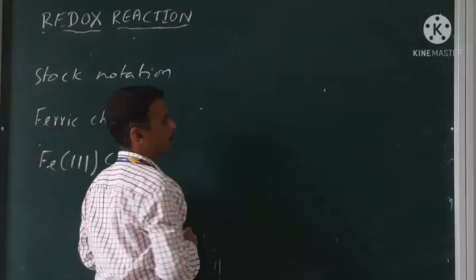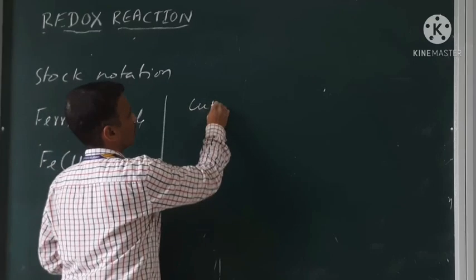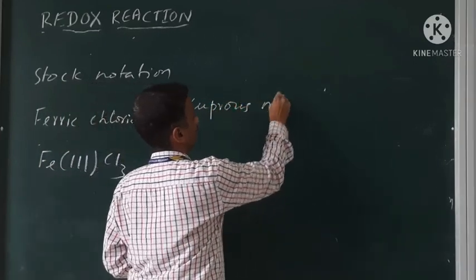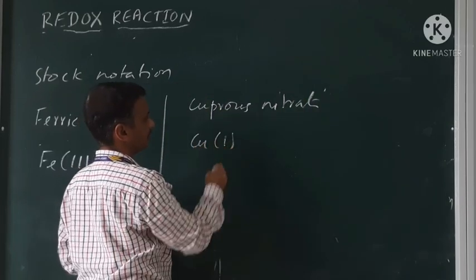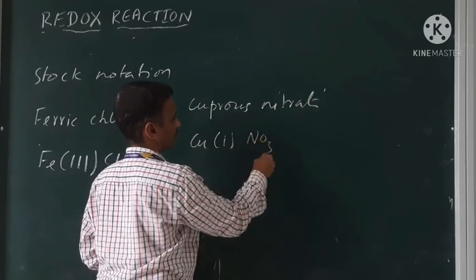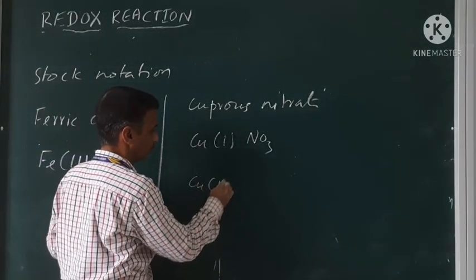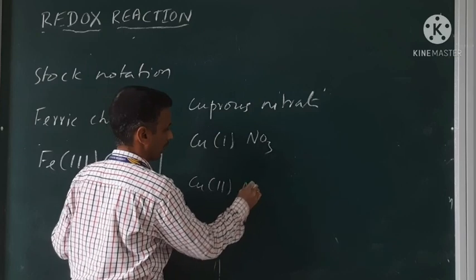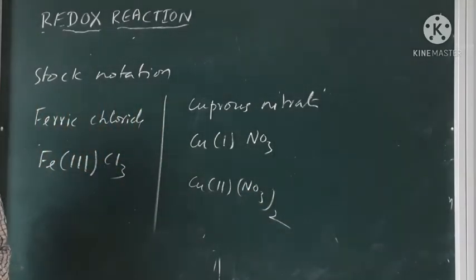Ferric chloride. Cuprous nitrate: copper is in the +1 state there, so Cu(I) NO3. Cupric nitrate, Cu(II), NO3 two times, cupric nitrate.